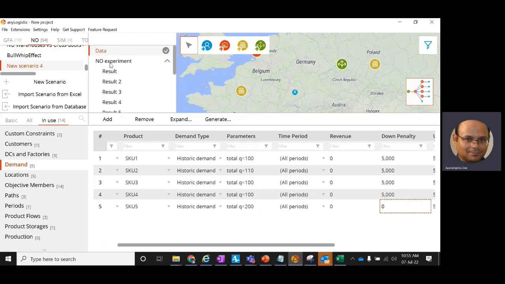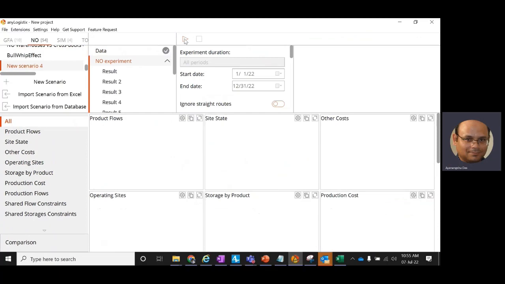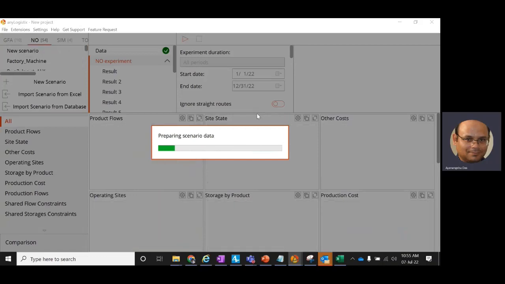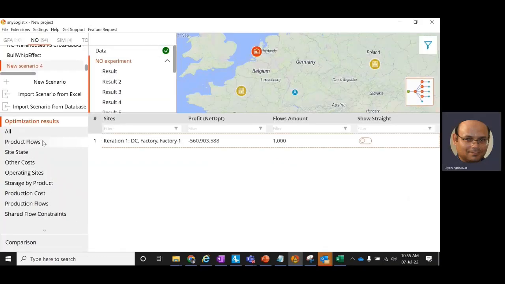So now what will happen? The expectation would be that the optimizer will suggest to manufacture the entire 200 quantity in the factory for SKU 5. So let's see that.